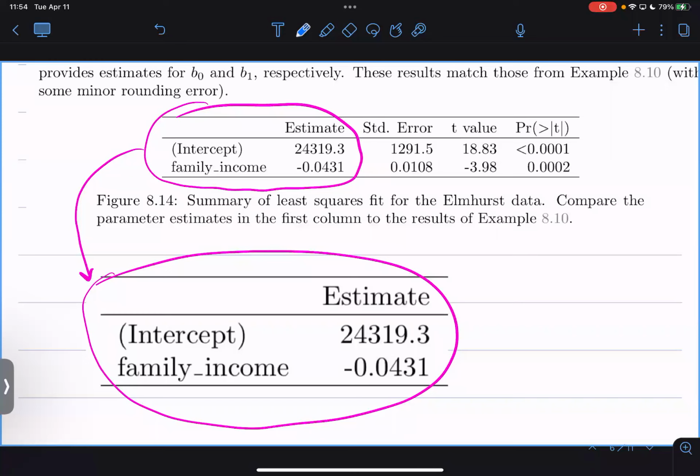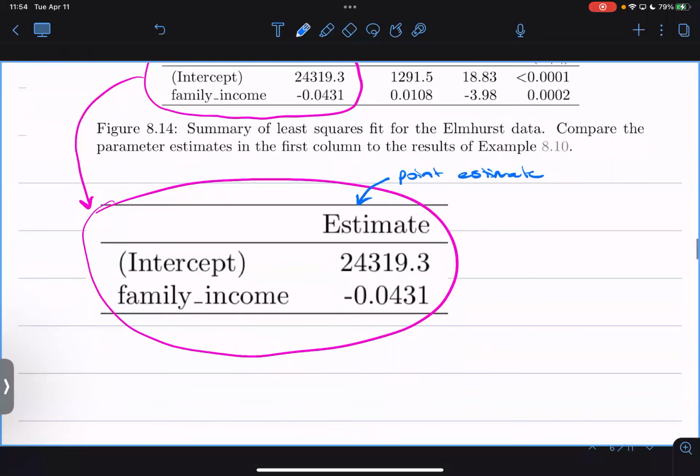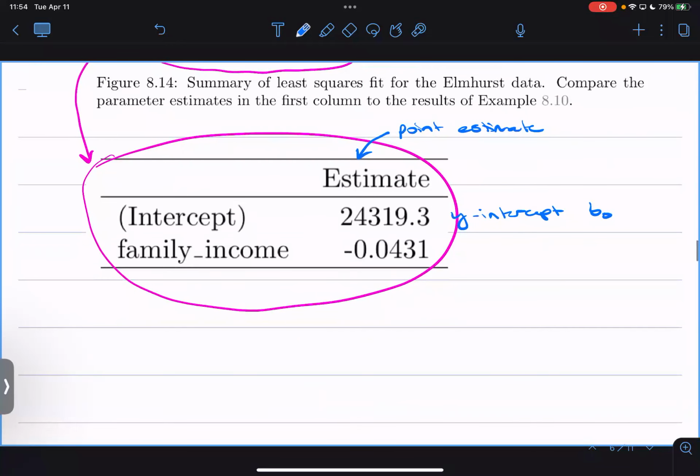Now, this is the point estimate for the slope and the intercept, or other way around. Okay, so here, this is the point estimate for the y-intercept, b0 with our notation, and slope b1.